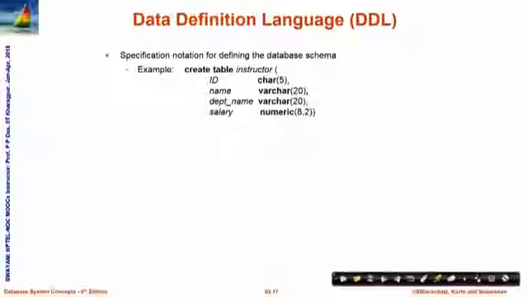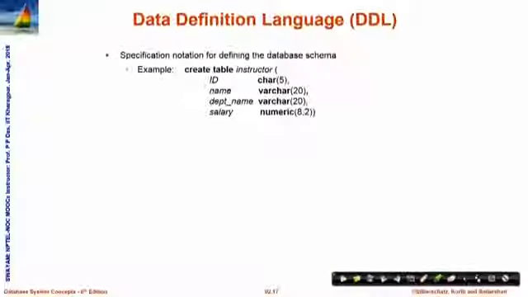DDL is the language, or part of the language, which is used to define and manipulate the schema of a database. That is why schema is a way to define a database, so it is called a data definition language.